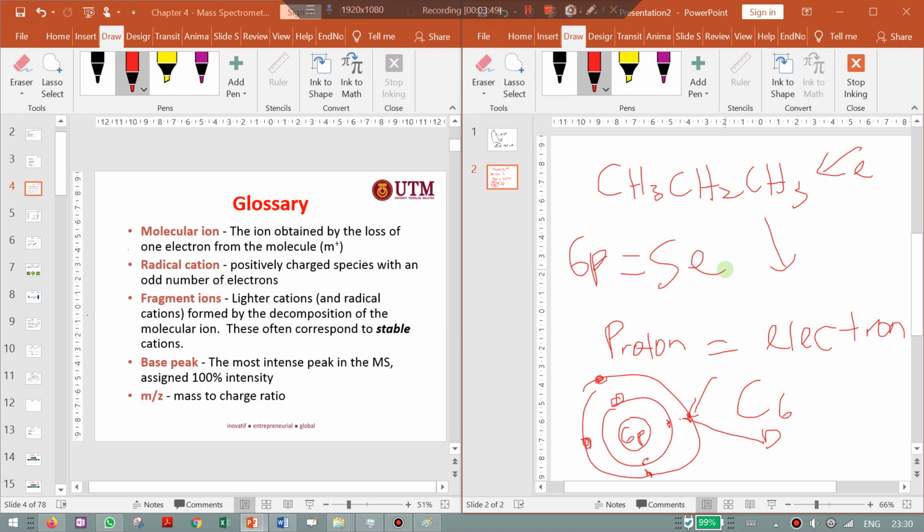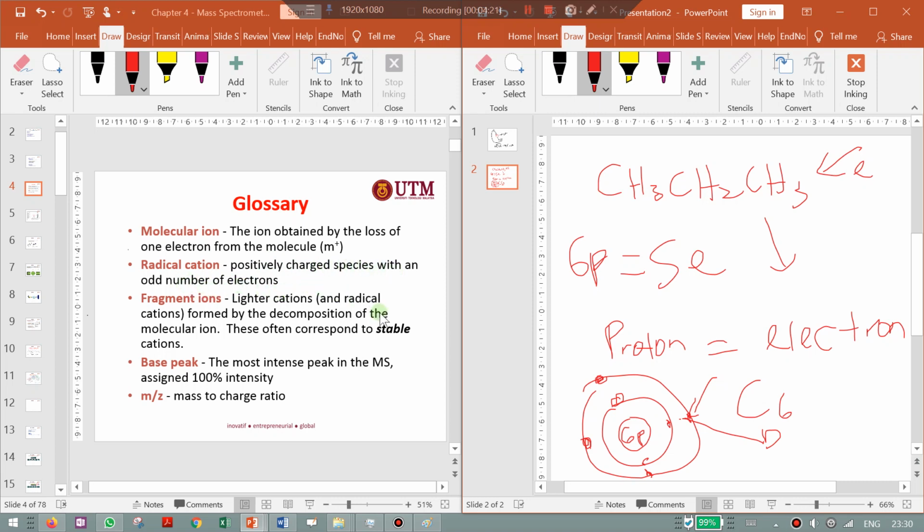We know that protons are positively charged and electrons are negatively charged. So when we lose one electron, it becomes one positively charged. That is what we call the ion obtained by the loss of one electron from the molecule, M+. A radical cation is a positively charged species with an odd number of electrons.